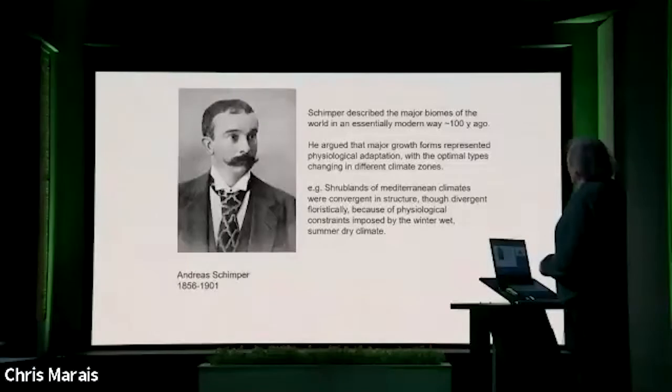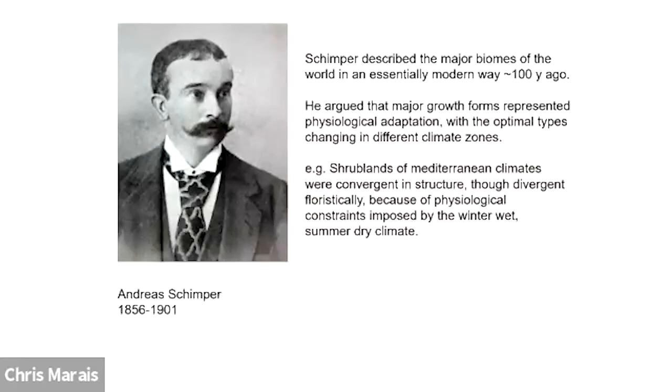And that observation had led over the next 100 years to a recognition of these major patterns of world ecosystems, summarized by this man, Schimper, in 1903. And he was the first person to put together a recognizable modern system of the major biomes of the world: savannas, deciduous forests, evergreen forests, conifer forests, and so on.